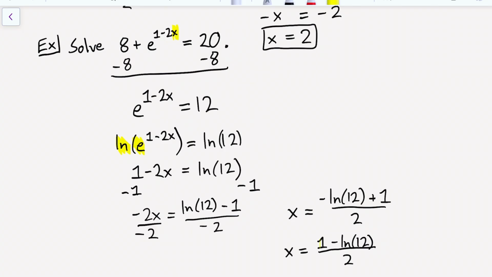This is considered an exact solution for x. I could get a decimal approximation of this by plugging these values into a calculator. But if I'm asked for an exact solution, here is how I will represent it, understanding that natural log of 12 is a number just like any other rational or irrational number.